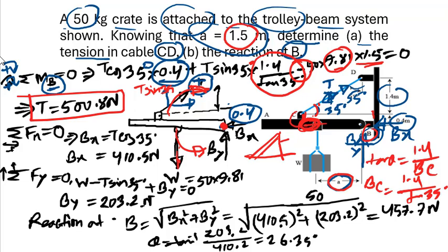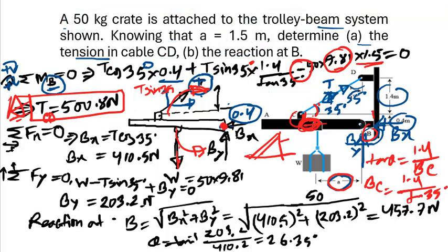That means we have got the tension in CD. That is one answer. Then number two, we have to find out B. Summation of Fx equals 0.